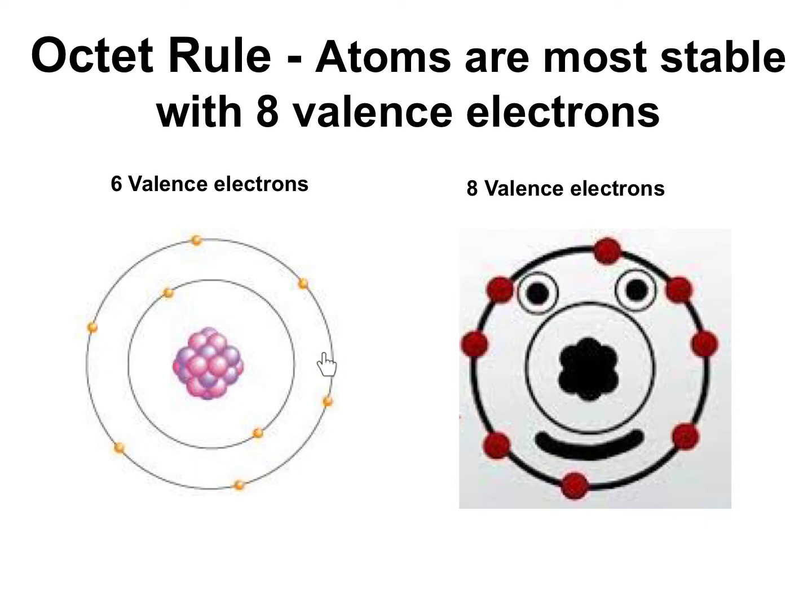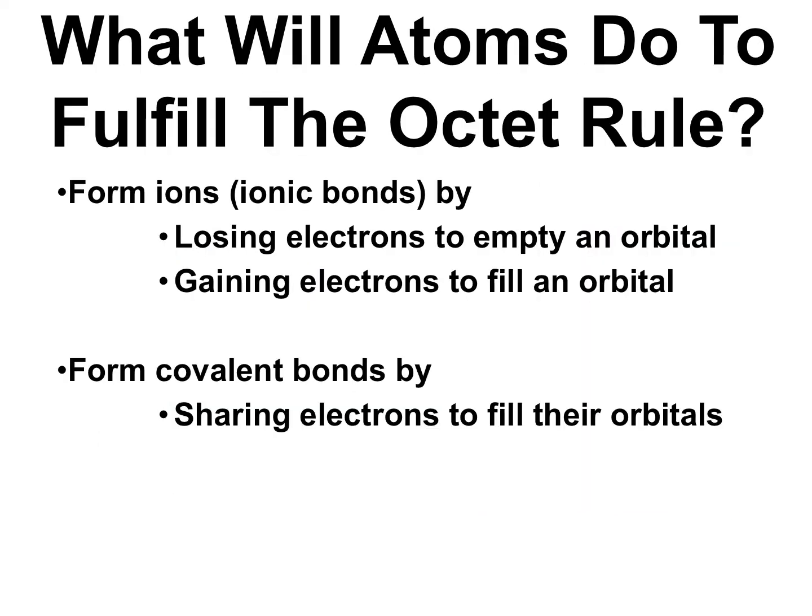See how this oxygen atom over here looks pretty ordinary with 6 valence electrons in its outer shell? Doesn't this oxygen look much happier now that it has an octet of valence electrons? So think about an atom's life as kind of like a quest for happiness, to get this full outer shell of valence electrons.